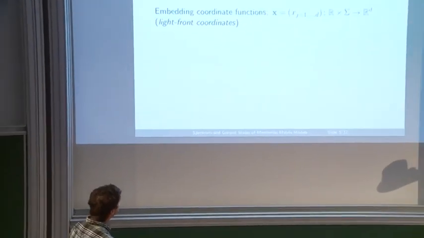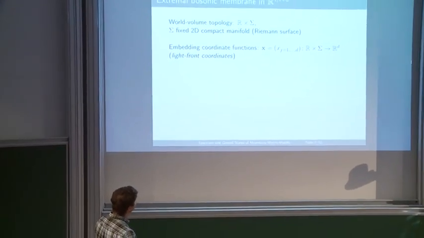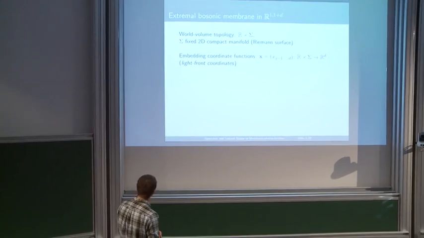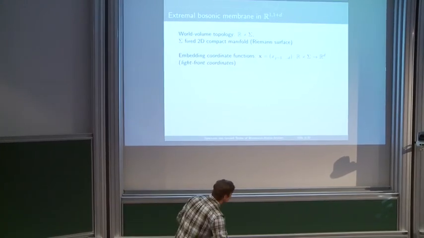So if we recall, we're considering a bosonic membrane. So let's start with the bosonic case. This just means that we have the embedding of a membrane in world volume into space-time.